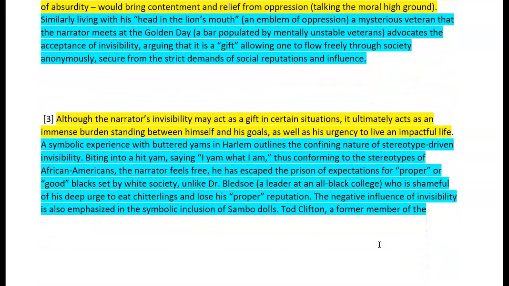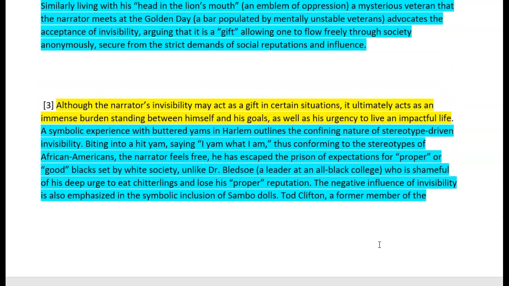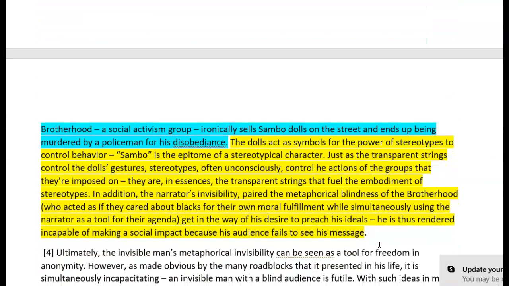But if you look at paragraph 3, this is a perfect example of having that assertion support commentary. You've got a beautiful topic sentence here in paragraph 3, then you've got all this really specific textual detail in blue. Okay, and then if you skip down to the bottom, sorry about that. If you skip down to the bottom, what you'll see is that in the yellow, there's really specific information here.